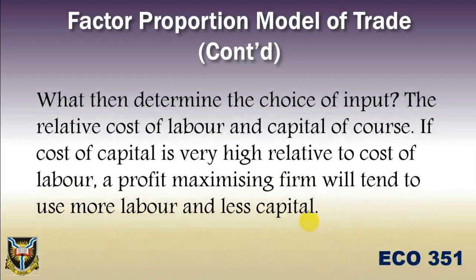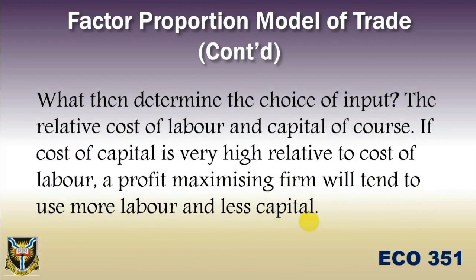The question that comes to mind is, what will motivate the choice of input? That is, what will cause a firm to use more of one factor and less of the other? The relative cost of labor and capital, of course.